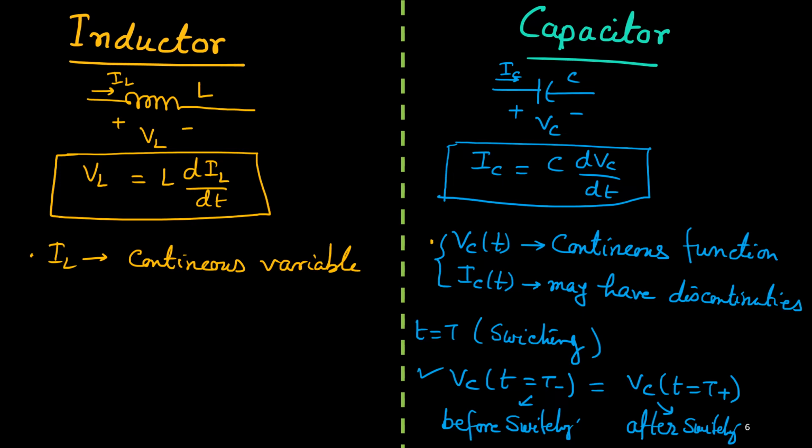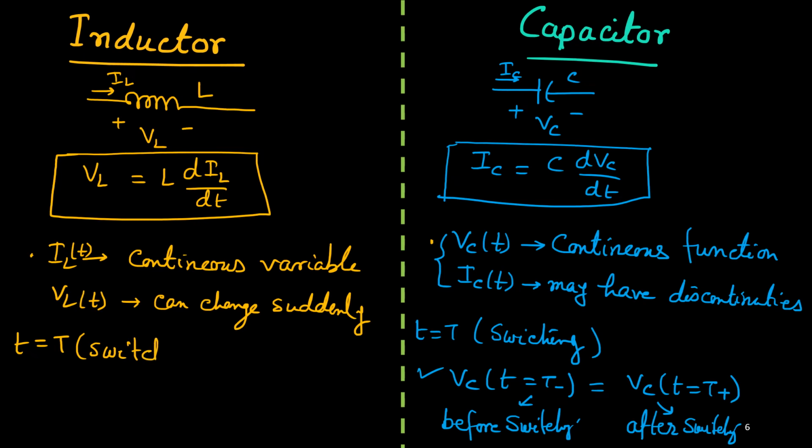However, VL can change suddenly. Whenever there is some switching in a circuit, its value can jump from one value to another, but IL can't jump like that. So if there is a switching operation at t equals capital T, I can safely use IL at t equals T minus, the current before switching, as the same as the current after switching, at t equals T plus.